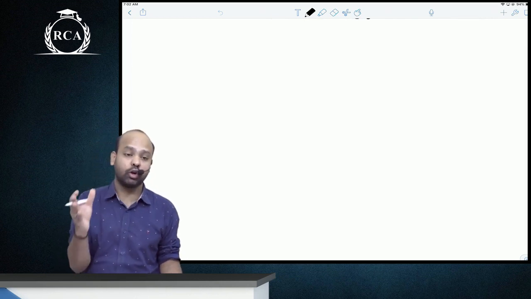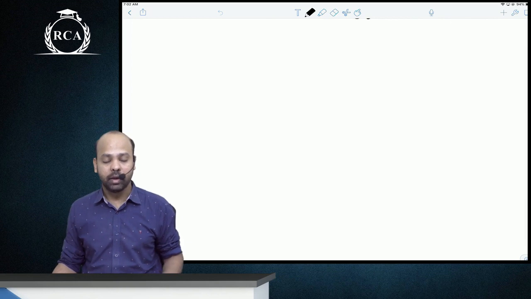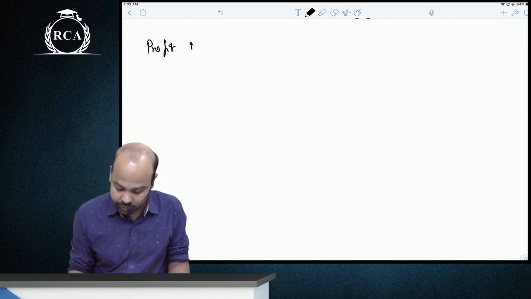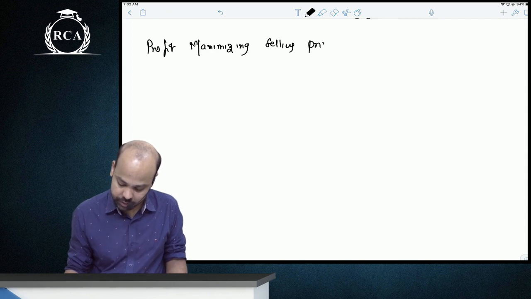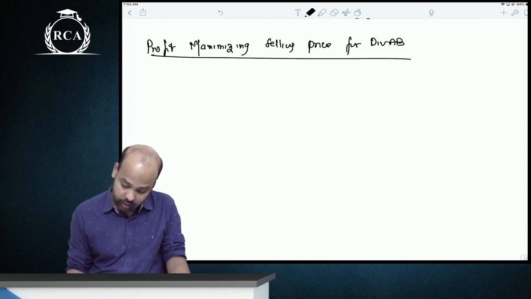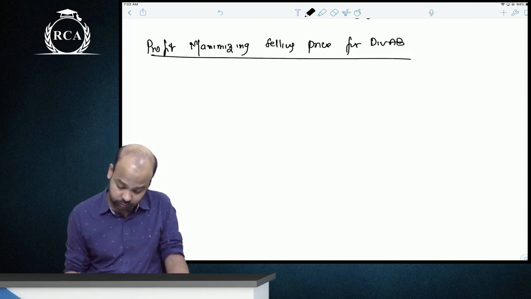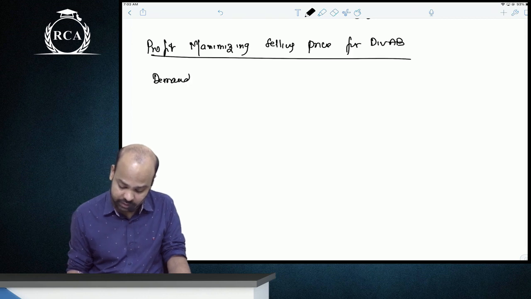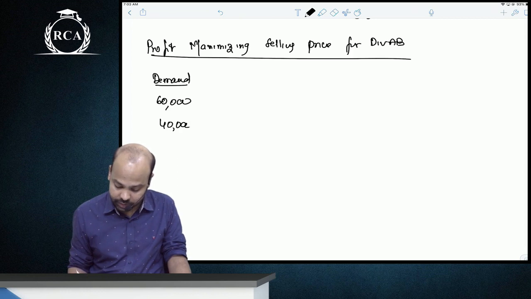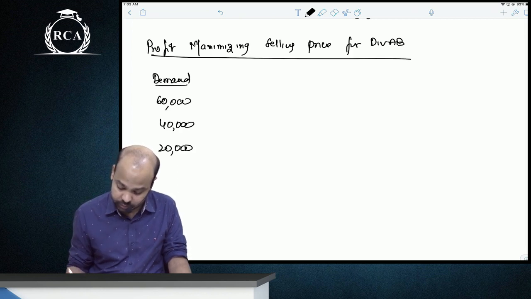This is simple. We have done a lot of questions on pricing decisions based on profit maximizing selling price. So here, I'll say profit maximizing selling price for division AB. We've already written the variable cost per unit. We will now write the demand levels: 60,000 units, 40,000 units, and 20,000 units.